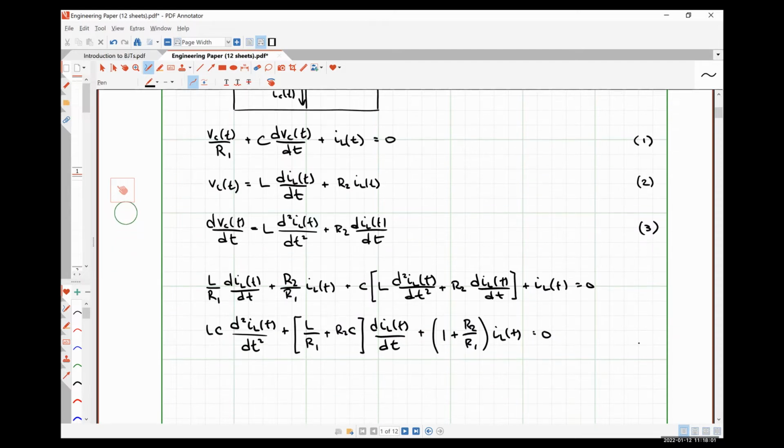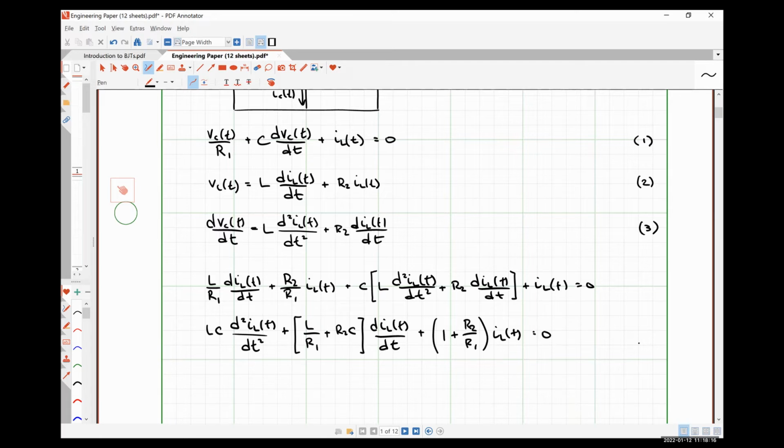And from here it's really good enough to figure out what alpha and omega naught are. We know obviously that we should divide this whole thing by a factor of LC to get rid of the coefficient on the second derivative term.